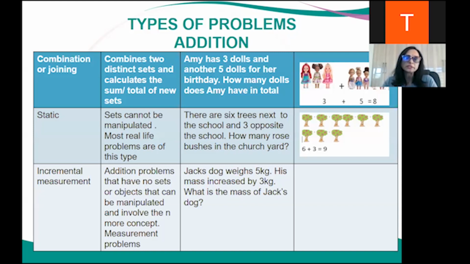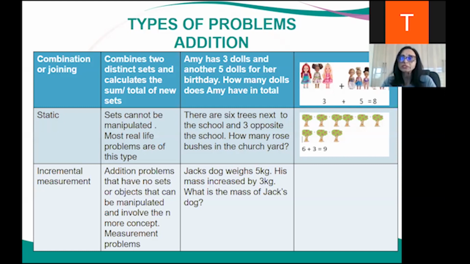The first type is combination or joining type. Now, what does this mean? It means that it combines two distinct sets and calculates the sum or total of the new set. For example, Amy has 3 dolls and gets another 5 dolls for her birthday.